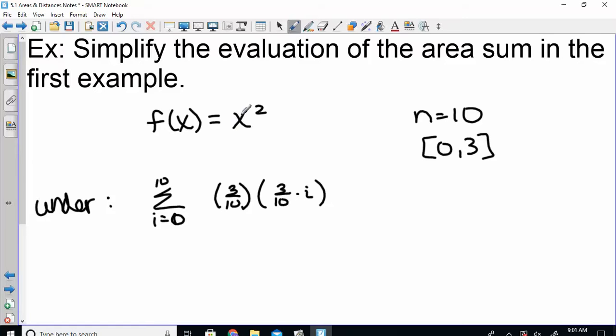And we had to plug that into the function, so we did 3/10 i squared. So if we simplify, 3 squared is 9, times 3 is 27. And we know that we can pull coefficients out in front, so if I just pull that out, 10 squared is 100, times 10, 1,000, i squared.